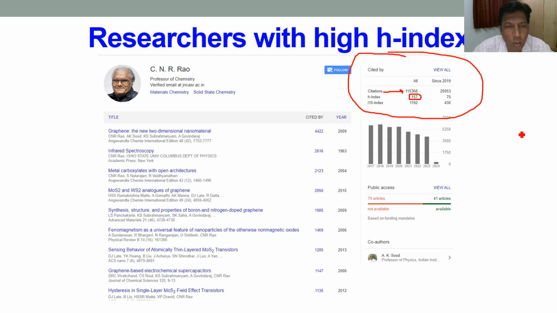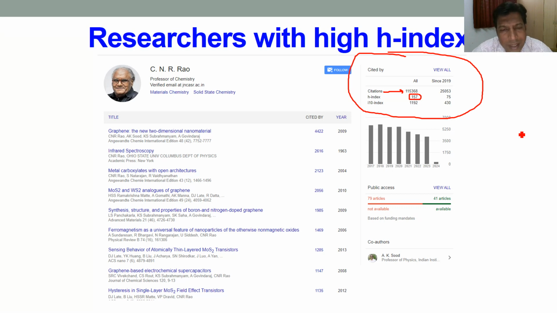H index is 157. It means Professor C.N.R. Rao has published 157 papers with more than 157 citations, out of whatever number of papers he has published.